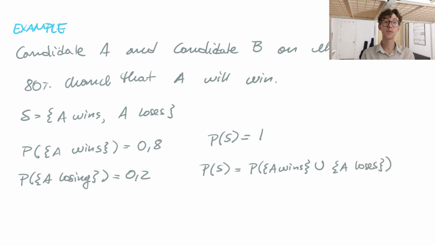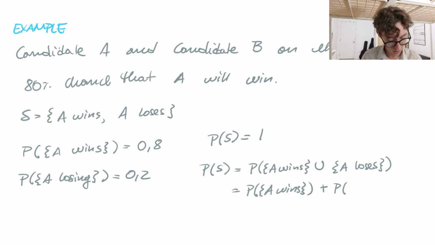And as we've seen with the fourth property of probability measures, this here is equal to the probability that A wins plus the probability of A loses, right? And as I've shown here on top, P of S is equal to 1.